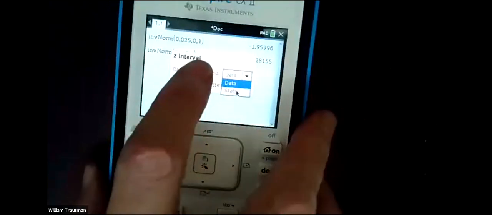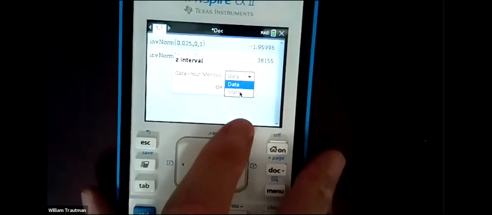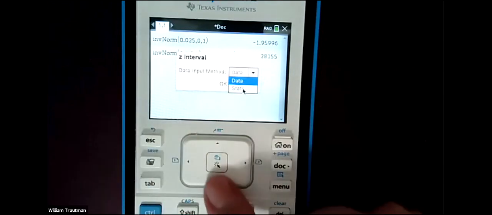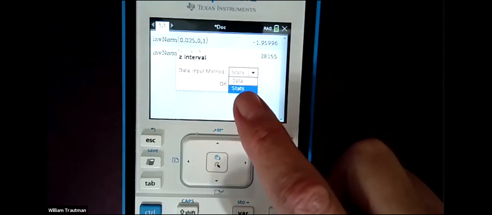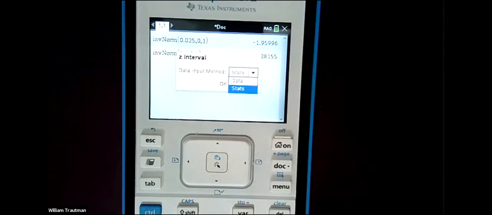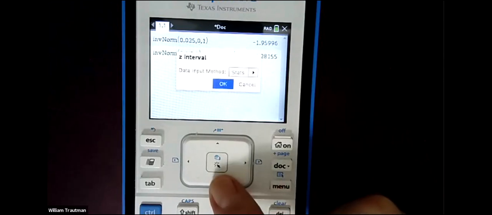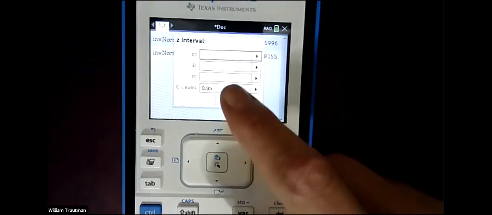You're going to have to arrow over and click on stats. We don't need the list. If you don't have a list, you click on stats and hit enter. Now it's asking for more information.